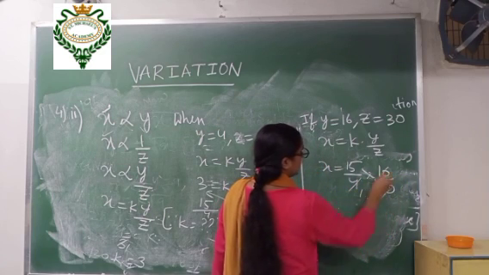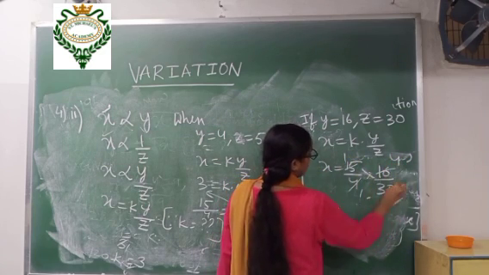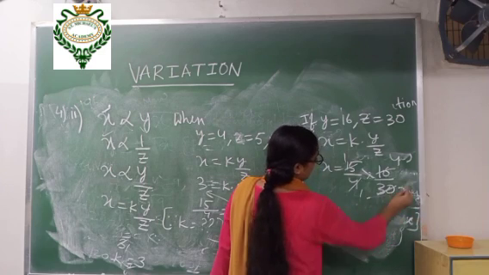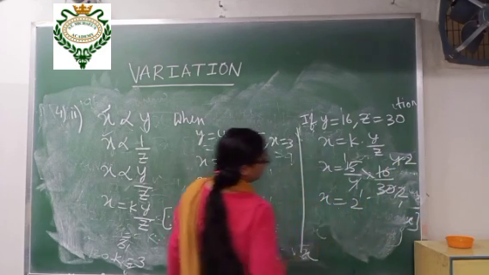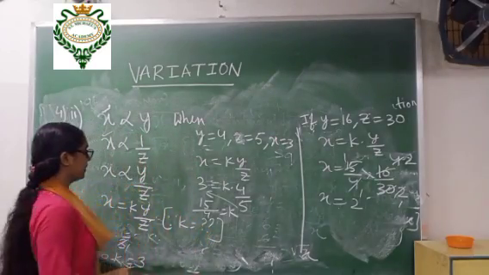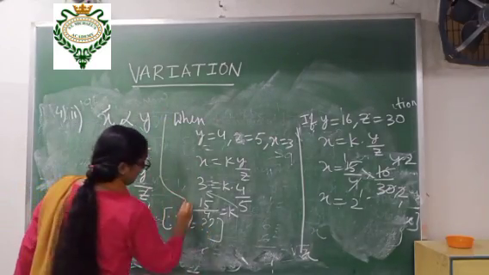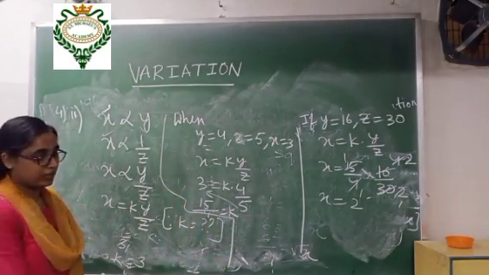Now cancel: 4 ones are 4, 4 fours are 16. 15 ones are 15, 2s are 30, 2 ones are 2, 2 twos are 4. This means the x value we get is 2. So please copy this one quickly.